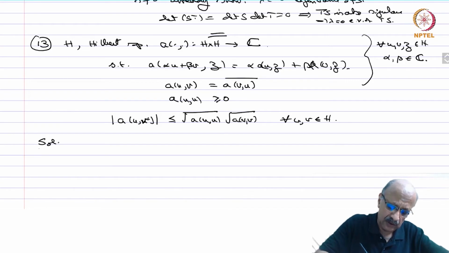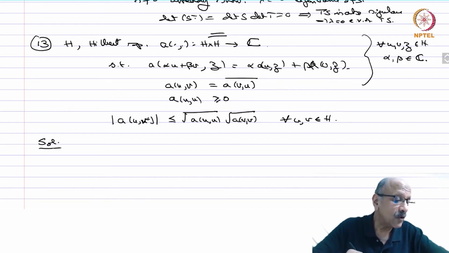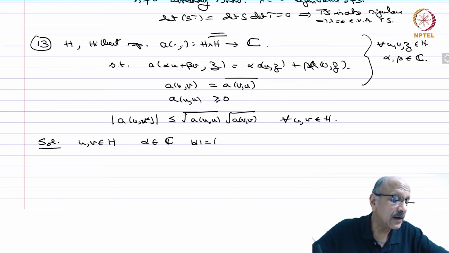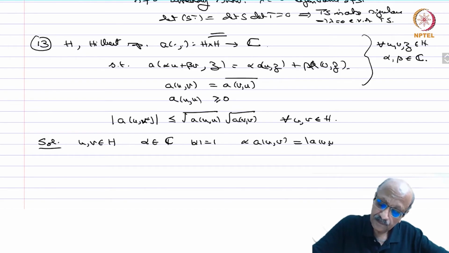So let me redo it once more. You have u, v in H, and then take alpha in C such that mod alpha equal to 1, and alpha times A(u,v) equals mod A(u,v). You can always do this.